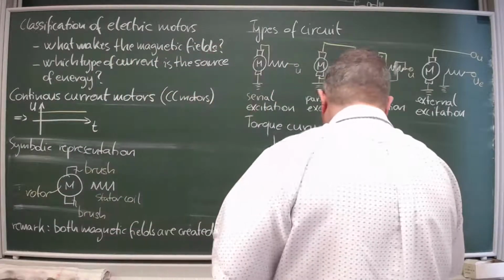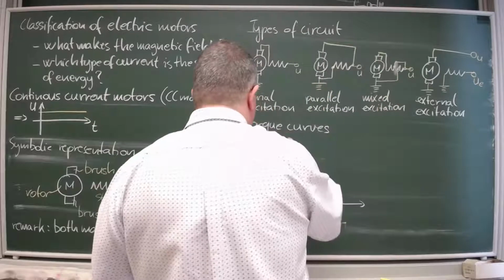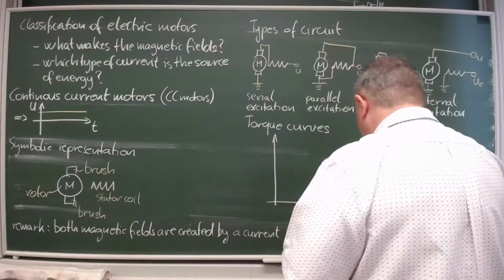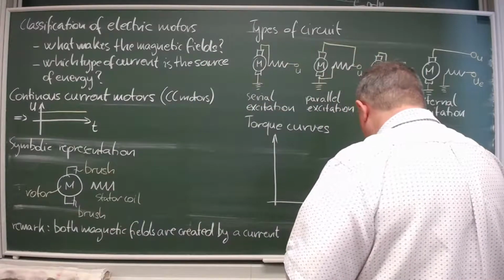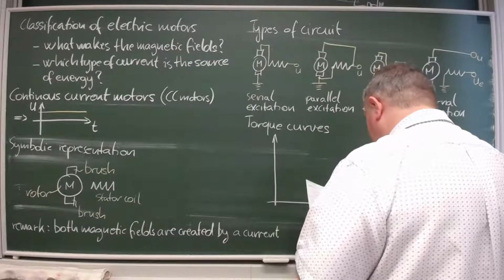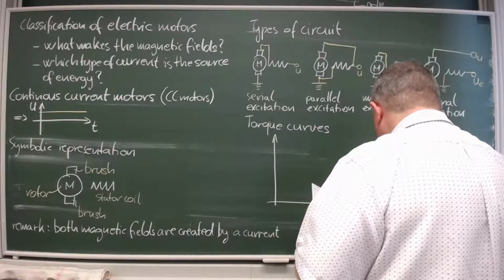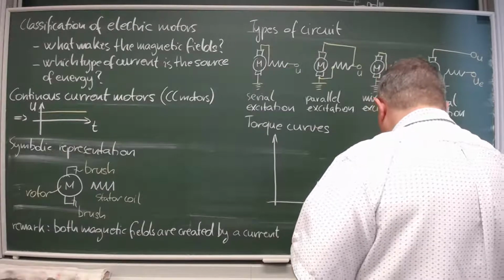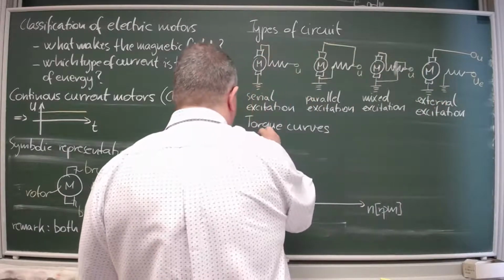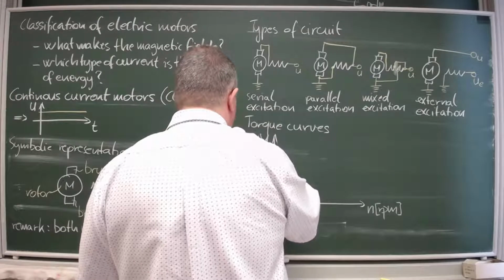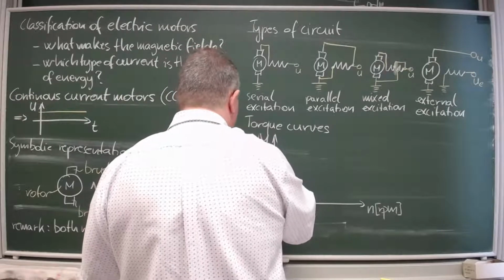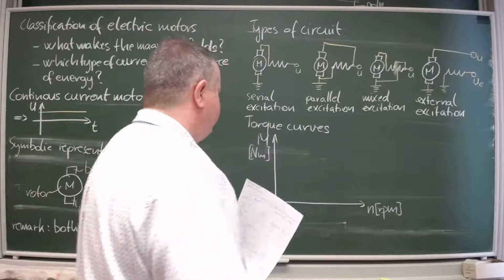Let's have a classic RPM versus torque curve. Here we get N being, let's say, RPM, rotation per minute. And here you get the torque in Newton meters, or you get the drag force in newtons. It depends how you like.